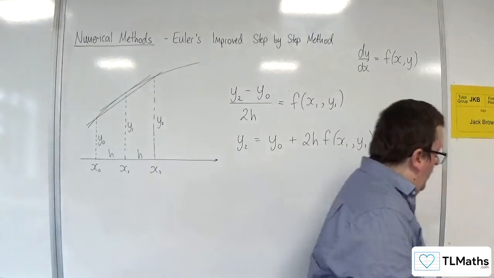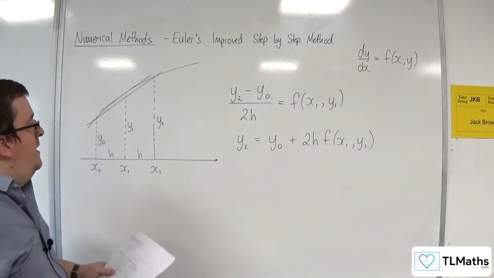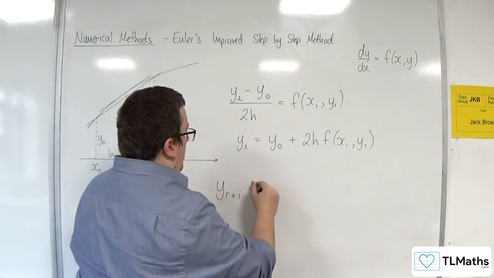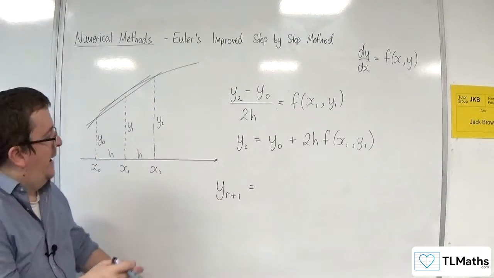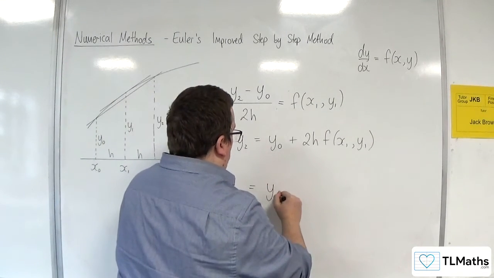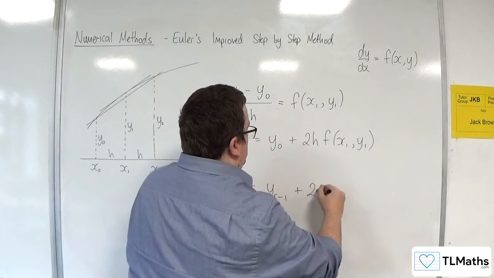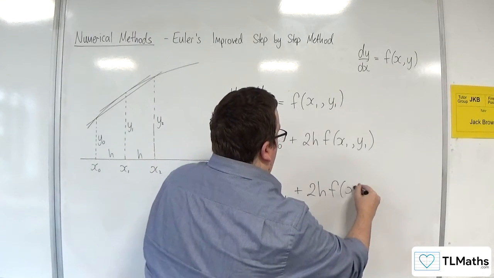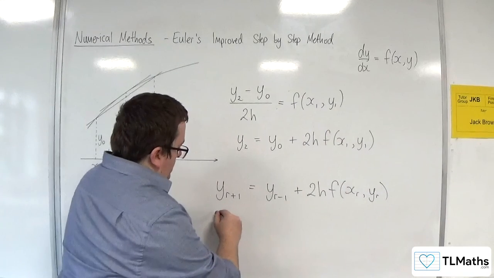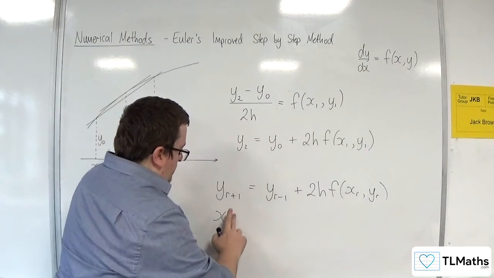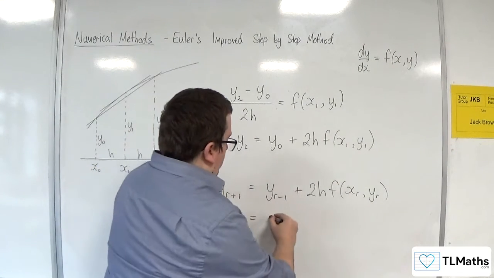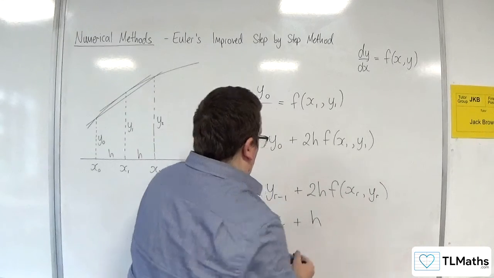So in the formula booklet, it is written as y r plus 1 is equal to, so I need 2 steps back, so y r minus 1, plus 2h f of x r, y r, where the next step for r plus 1 is the previous one plus h.